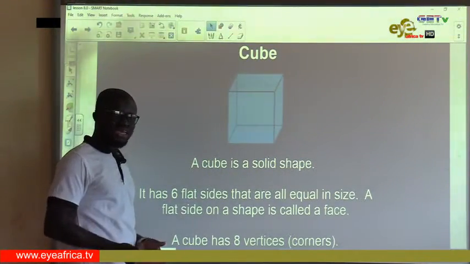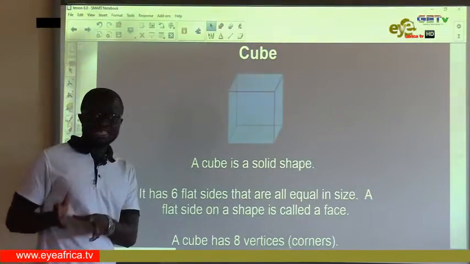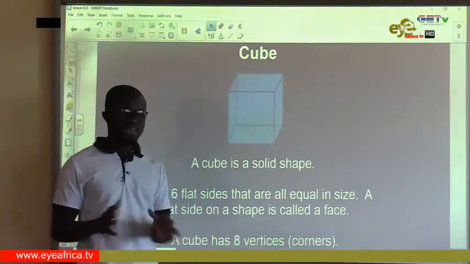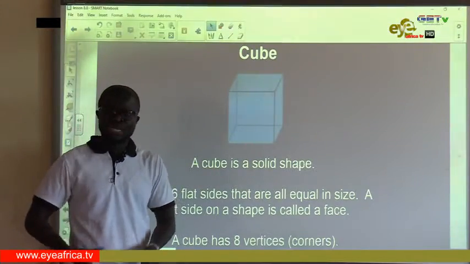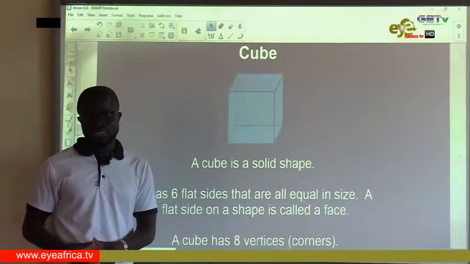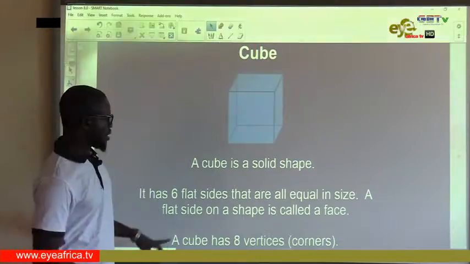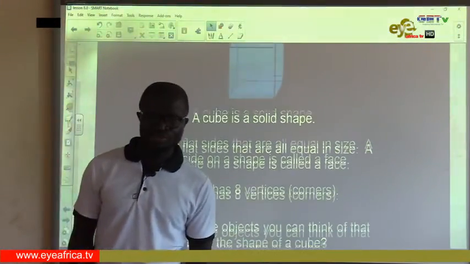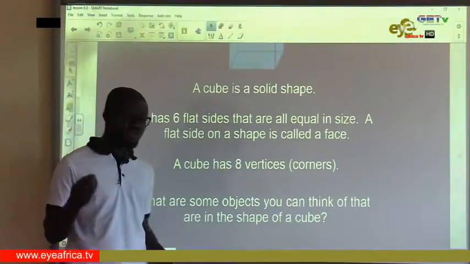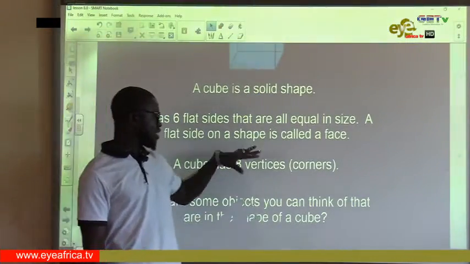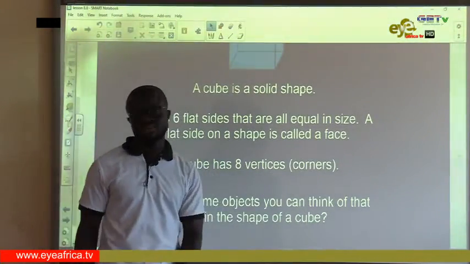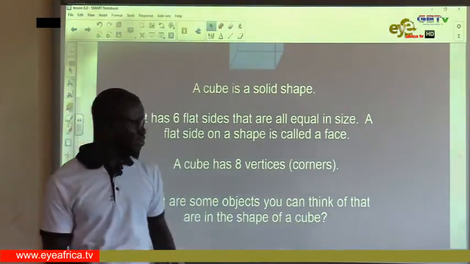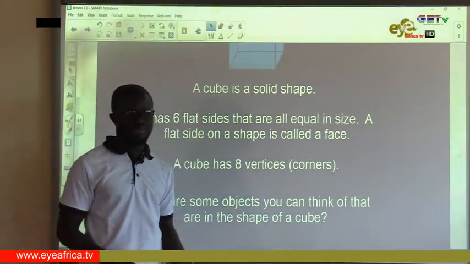And what is this flat side we're talking about? The flat sides of the cube are the faces that are put together to give you that solid object called the cube. Also, among the properties of a cube, I want you to know that a cube has 8 corners, also called vertices.